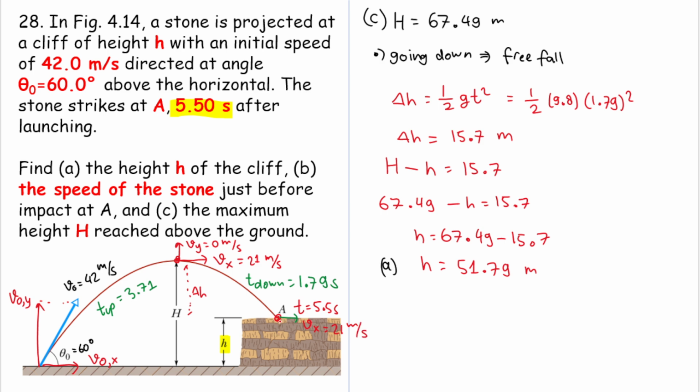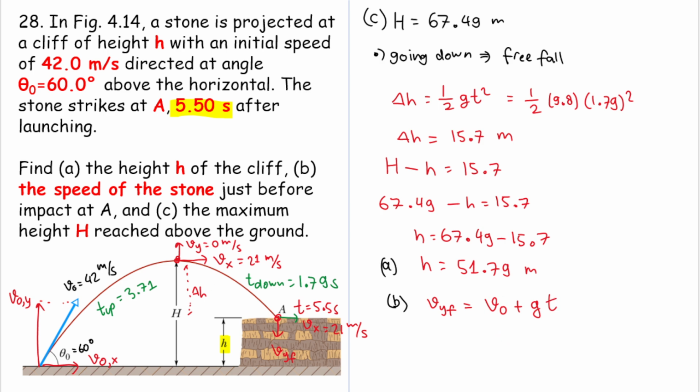The problem is we need to find Vyf, the final vertical velocity. For question B, we can calculate Vy final, which equals Vo plus g t.